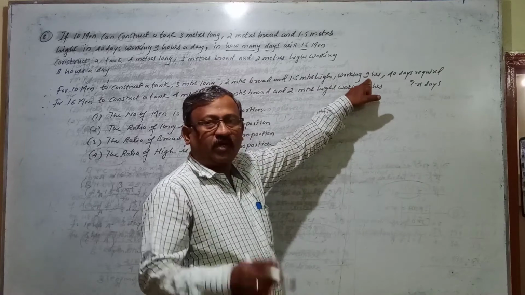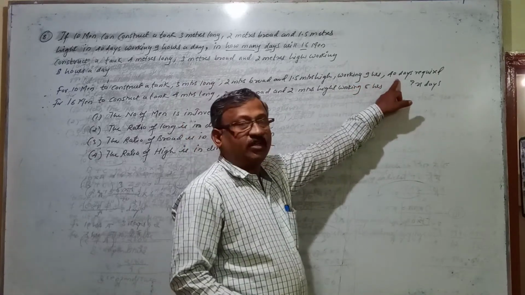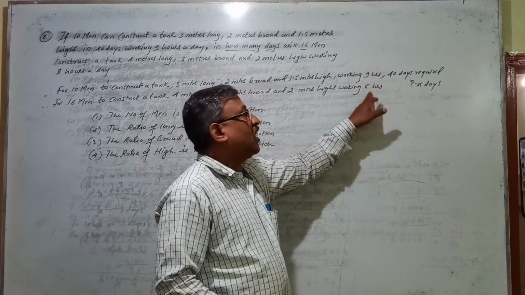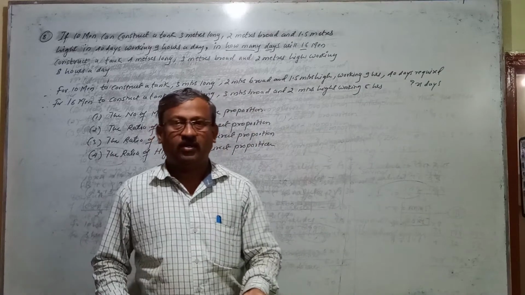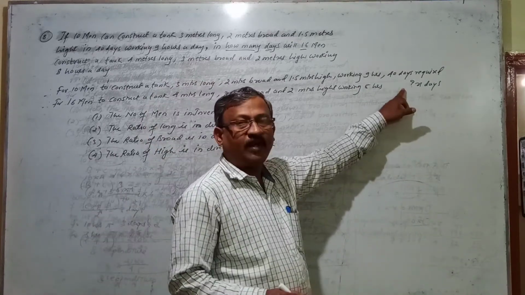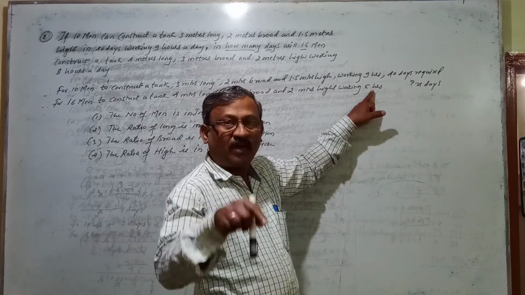If they work 9 hours daily, to construct the tank it takes 40 days. Instead of working 9 hours daily, if you work only 8 hours daily, how many days will it take to construct the tank, more or less? Definitely it will take more days, because now you are working 1 hour less.